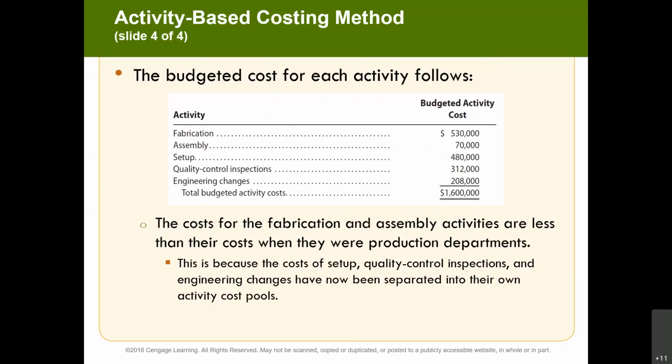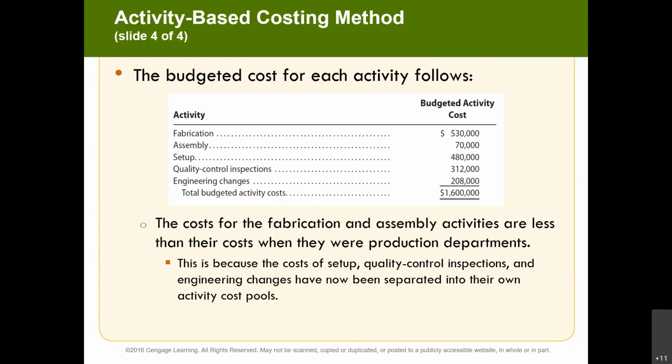And so because it's so granular and detailed, we can be more accurate in our budgeting process. So instead of applying a budget for each department, when I'm budgeting for activities, I can be very, very specific. And the more specific I am with respect to budgeting, the more accurate I am with respect to costing.